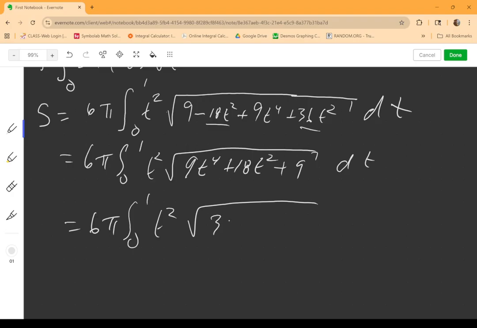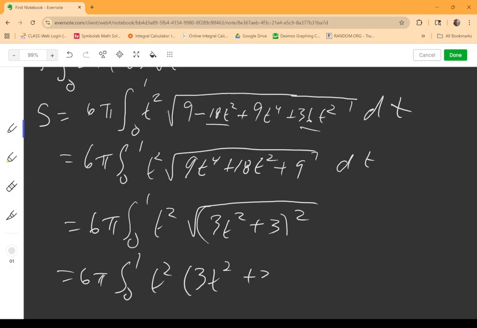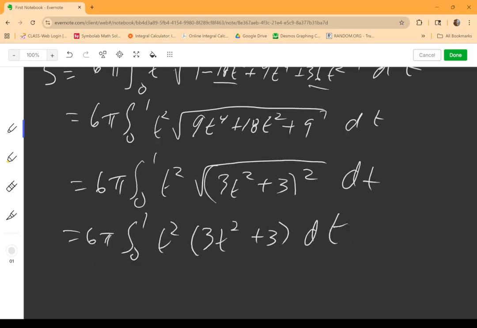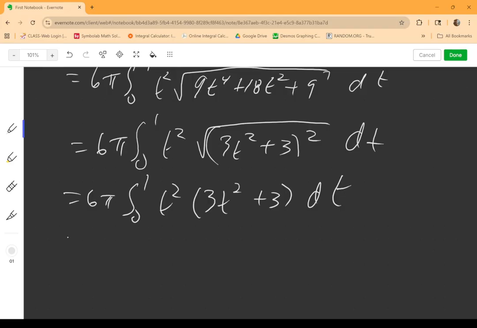Here we get 3t squared plus 3, squared. All right, so that worked out nicely here. Okay, so now I get rid of the root. I can distribute here.